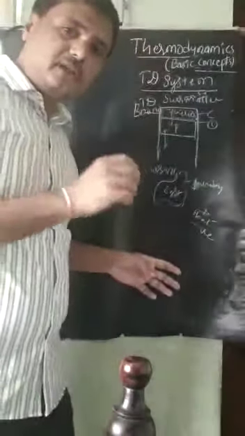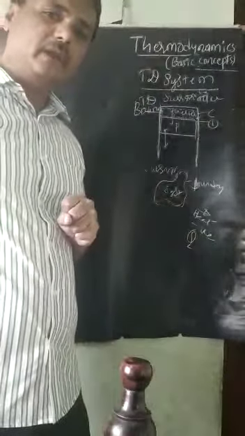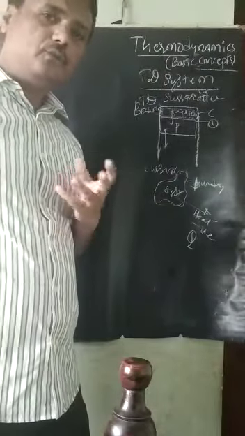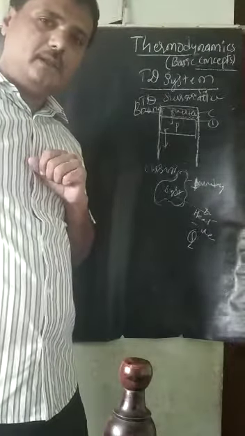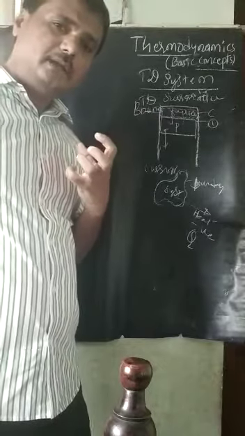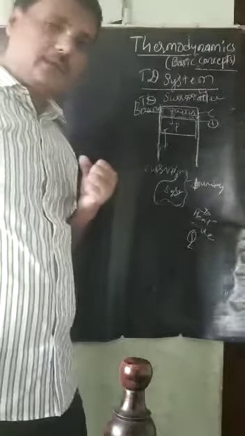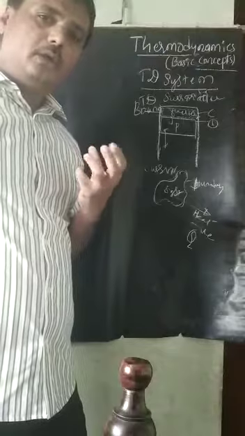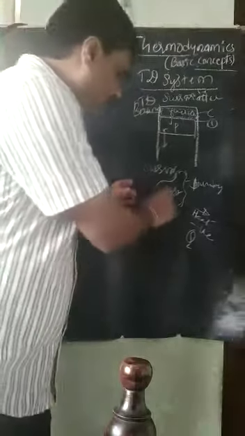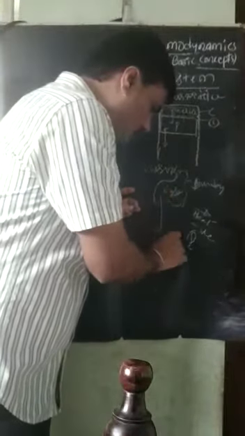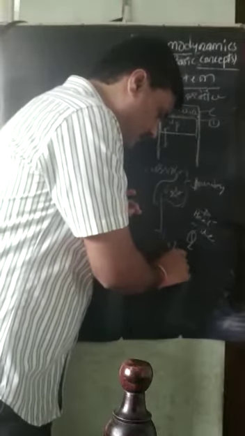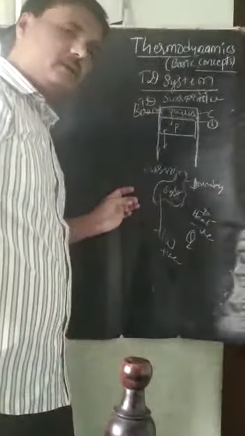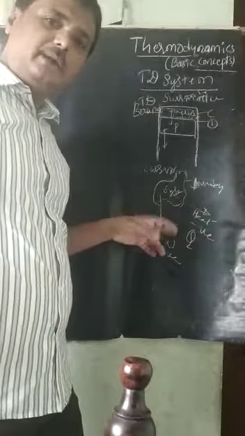Heat will always be represented as Q. Next, this heat energy is converted into work, so work is done by the system. If the work is going out of the system, the sign convention is that work done by the system is taken as positive. The work is represented by W.